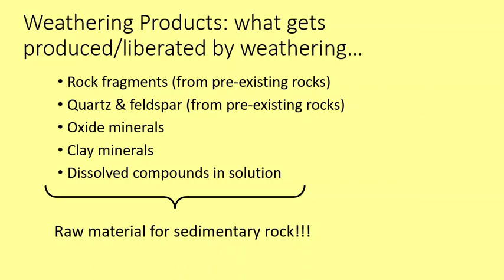In the bigger picture, this is important because all of these weathering products, rock fragments, oxide minerals, clay minerals, dissolved compounds in solution, all of the stuff is going to become the raw material for sedimentary rock.